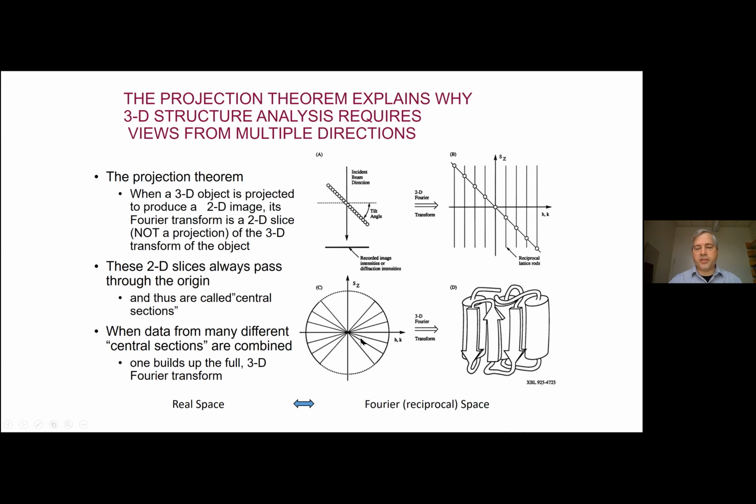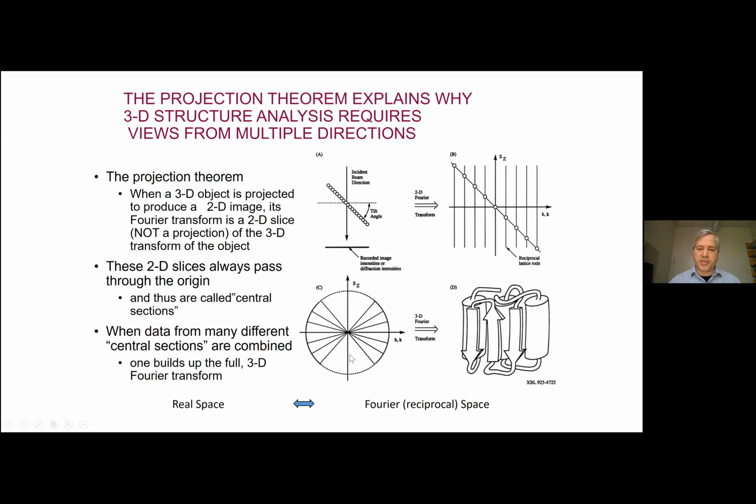And so if you take many tilted images and line them up the right way, you can get a 3D reconstruction because you filled in a whole bunch of central slices of its 3D Fourier transform. This is very similar to tomography, but it has the same problem, that you can only tilt to about plus or minus 60 degrees.